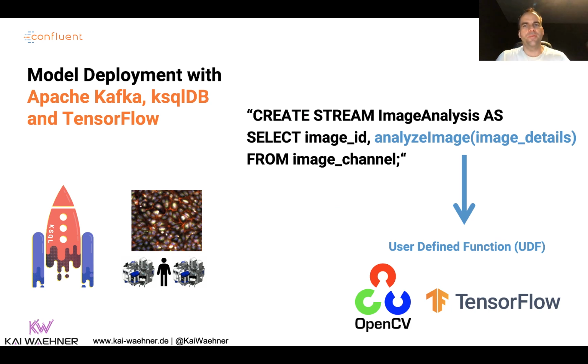Here's an example where I used ksqlDB to do model scoring. The model was trained somewhere, but then we want to do model scoring, in this case for image processing and detection. Here you see a very simple SQL query. Under the hood, you can either use a TensorFlow model or even just an image processing API like OpenCV. So this is not ML at all.